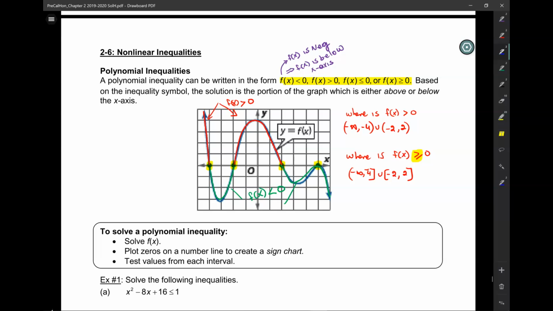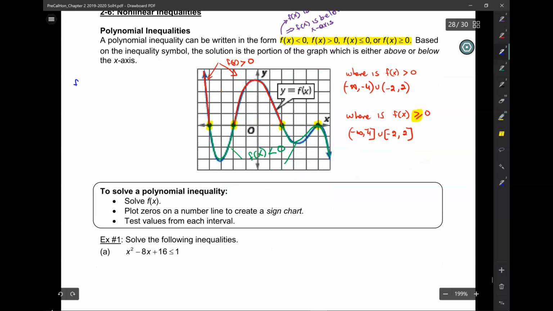It's an even multiplicity, and when it's an even multiplicity, the graph does not change sign. If it's negative, it stays negative. If it's positive, it stays positive. So, f of x changes sign at odd multiplicities.